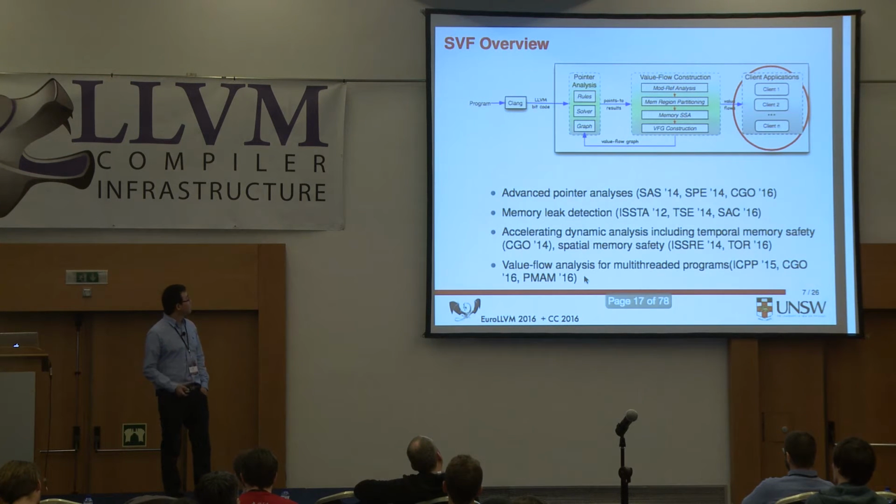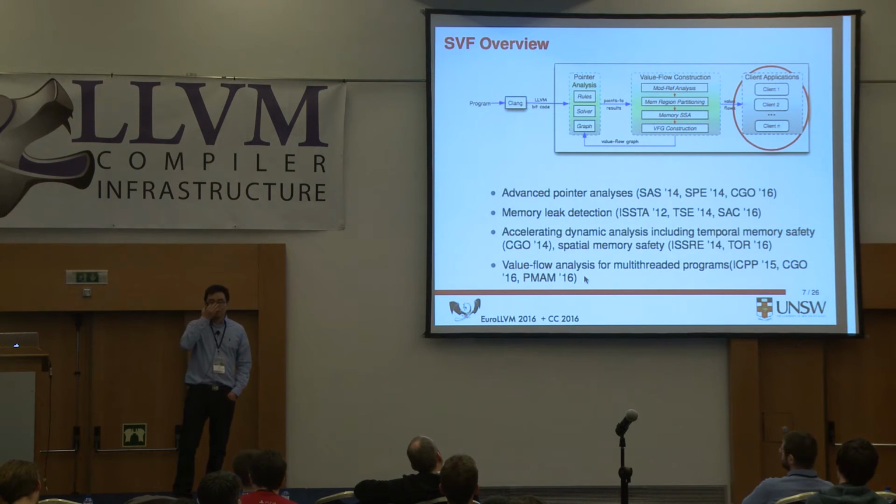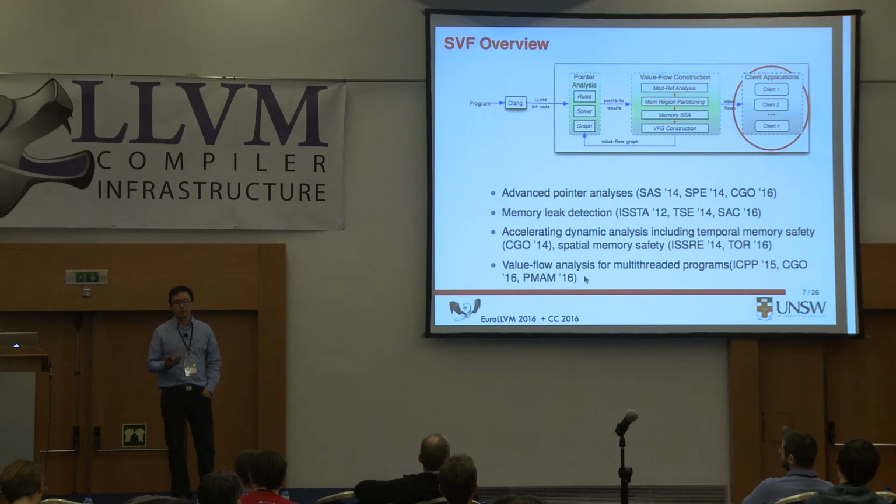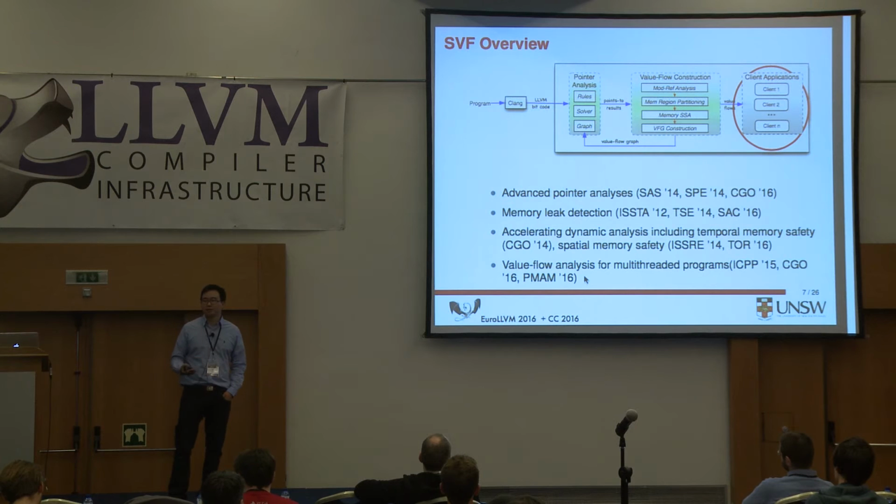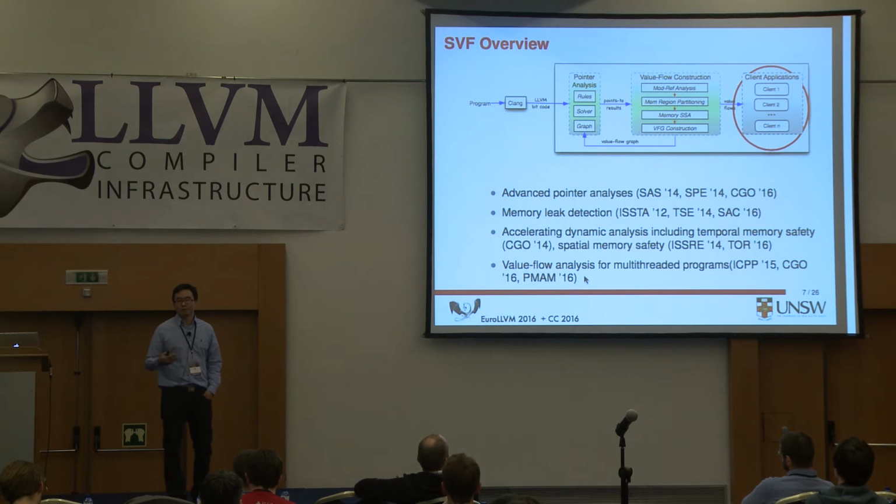So given the value flow graph, we can either feed back the value flow information into the pointer analysis module to use this representation to perform more advanced pointer alias analysis, like context-sensitive, flow-sensitive, path-sensitive, or we can use this value flow information as a foundation for many static analyses, or use this information to accelerate dynamic program analysis.